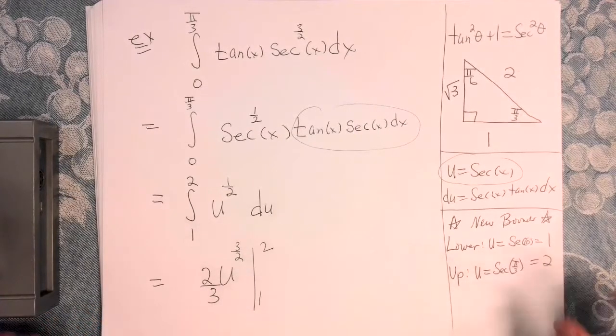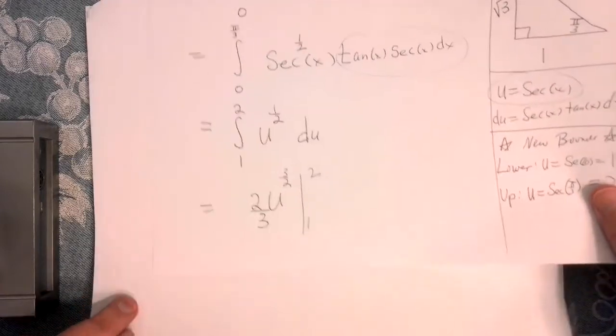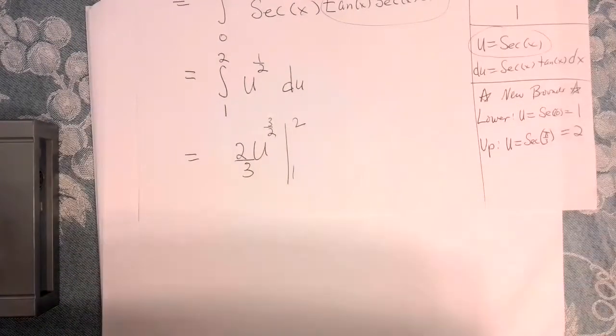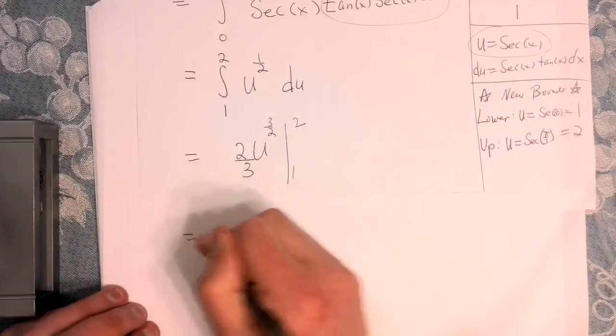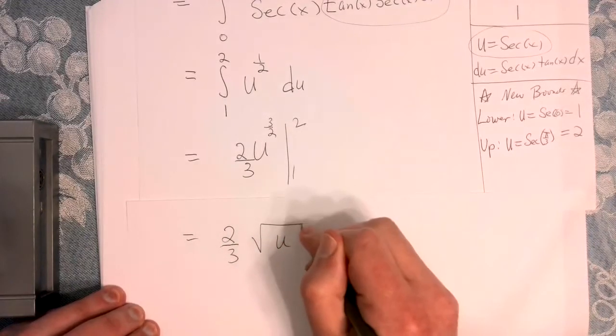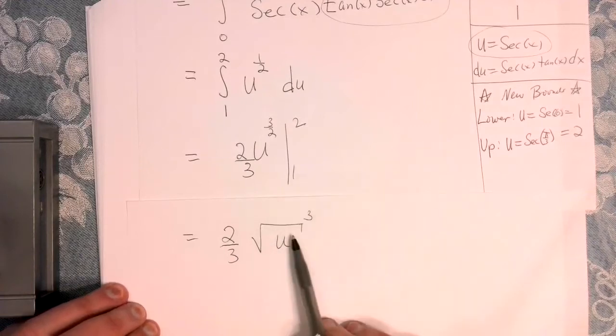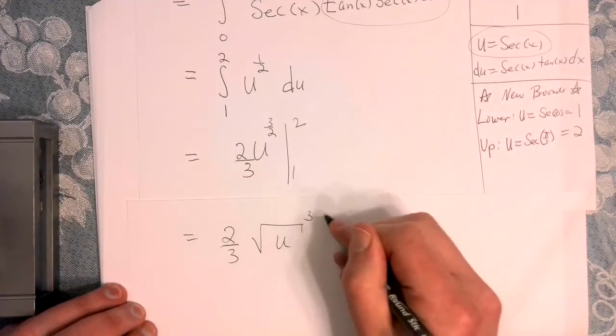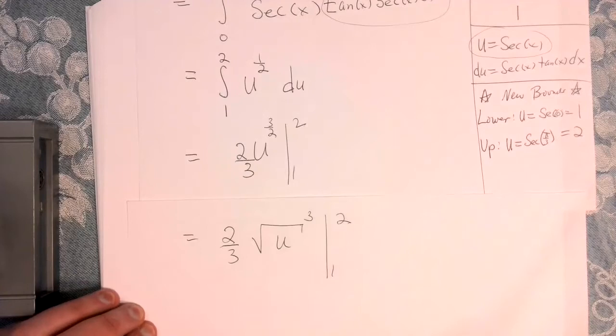Okay, so that's the power rule for integration. I'm going to rewrite that just so this works out a little bit better algebraically. So how about 2/3 times the square root of u cubed? You can write the cube there or there. That doesn't matter. They mean the same thing in math.